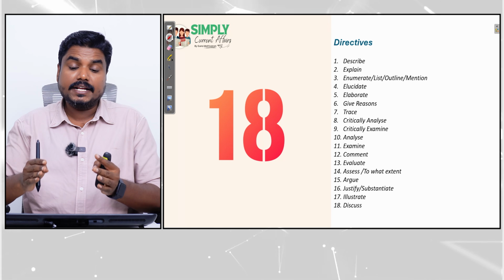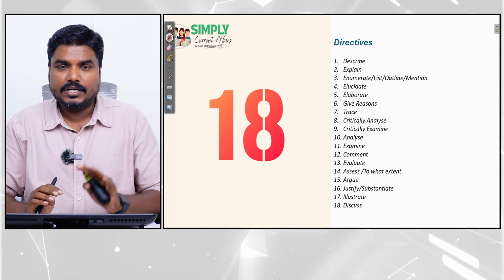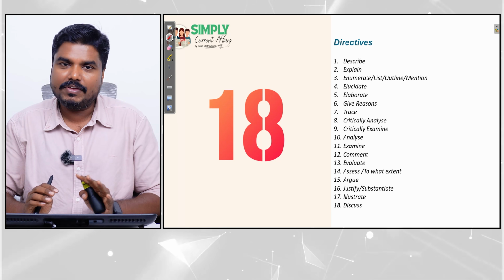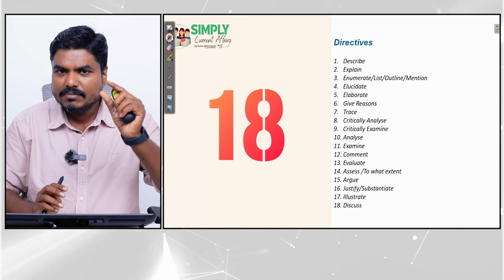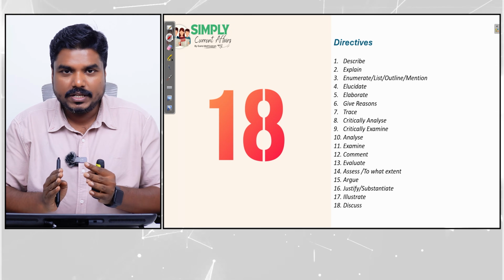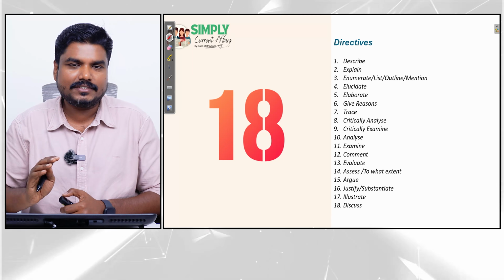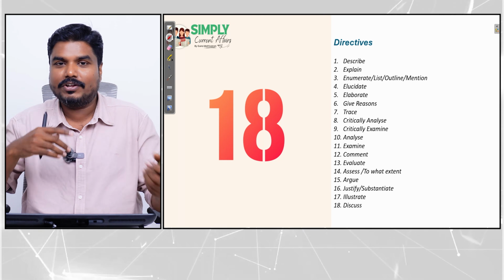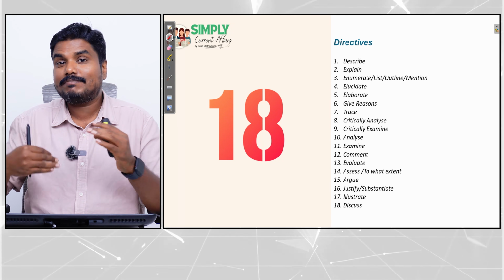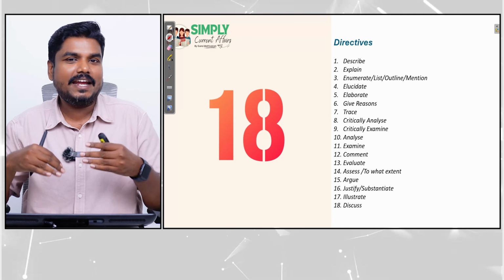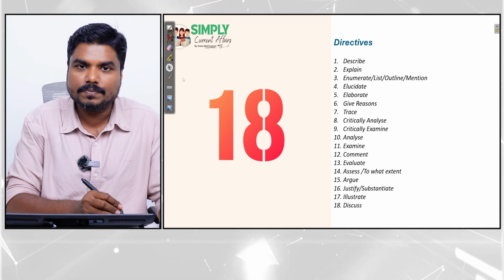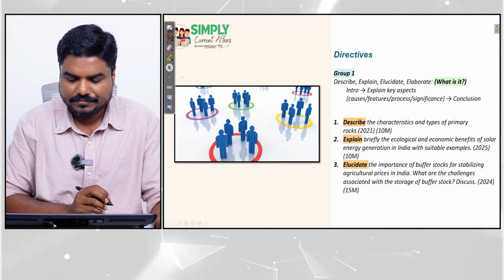Though there are 18 different directives, don't think all are different. We can group these directives. Similar directives can be grouped into broadly 6 categories. So for my convenience and for your convenience, for me to explain to you, I am grouping these 18 directives into 6 groups. So one by one we will see.